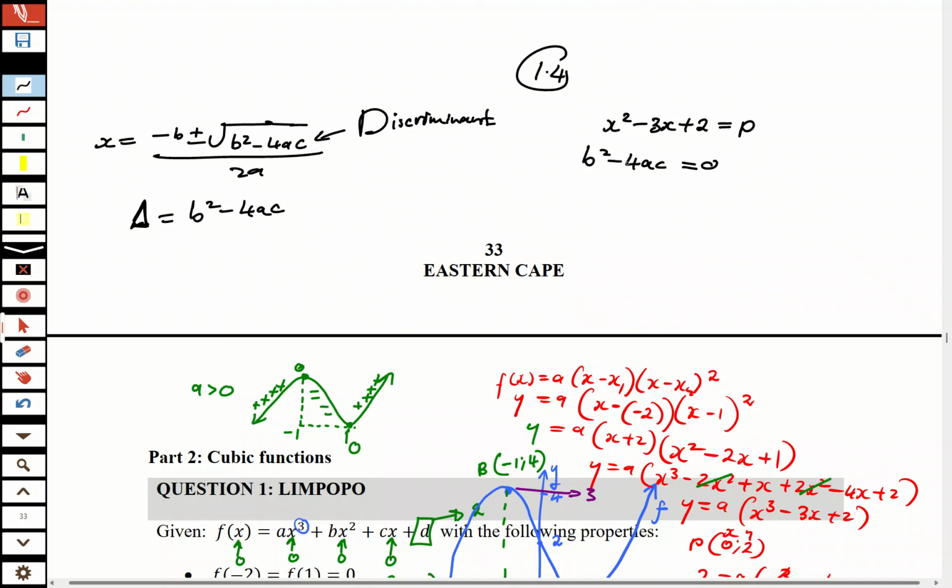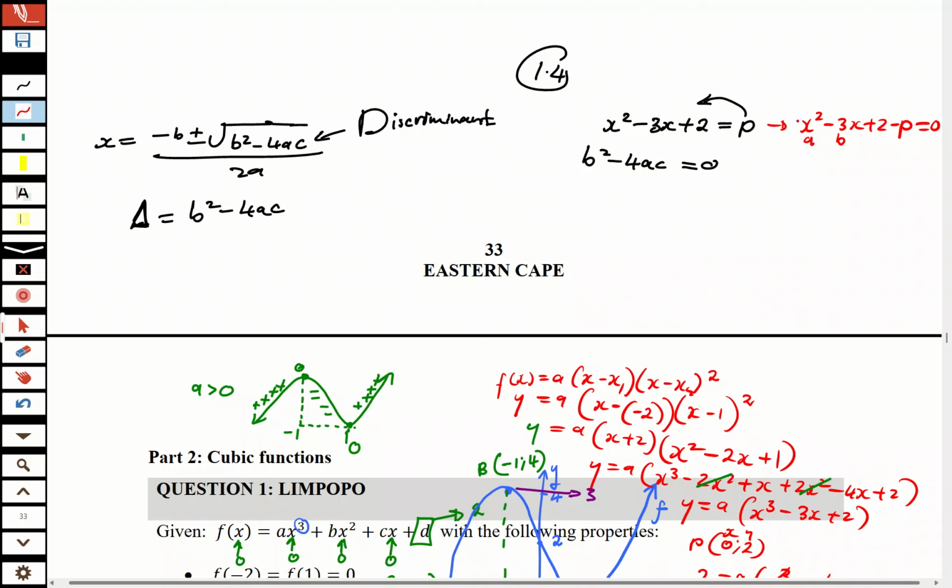To find them, first take p to your left, so that the right-hand side is 0. So this is x squared minus 3x plus 2 minus p equals 0.